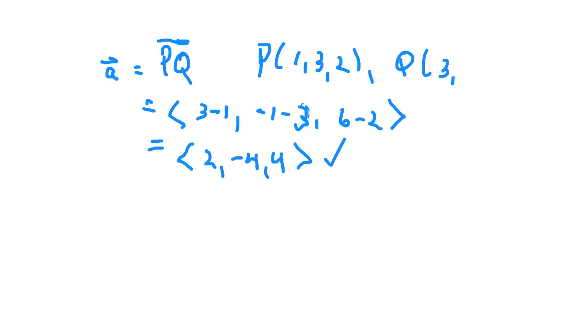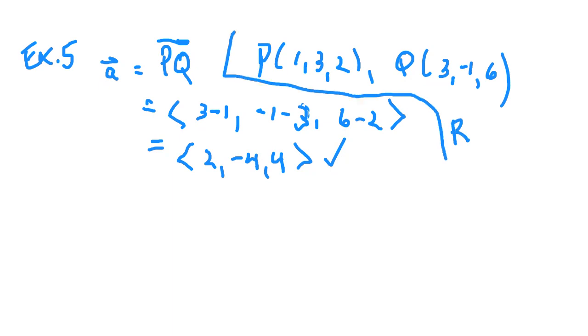So there's a typo in the book. Thank you, everybody. Typo in the ebook, everybody, for example 5. Point P should be 1, 3, 2, Q should be 3, negative 1, 6, and point R should be 5, 2, 0.